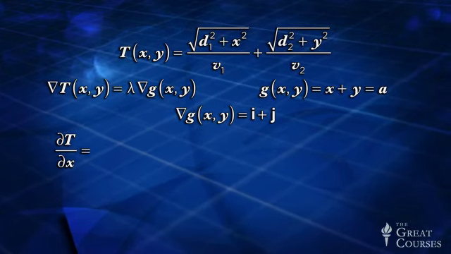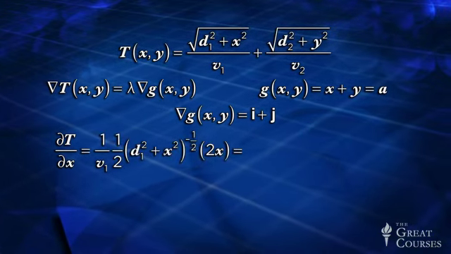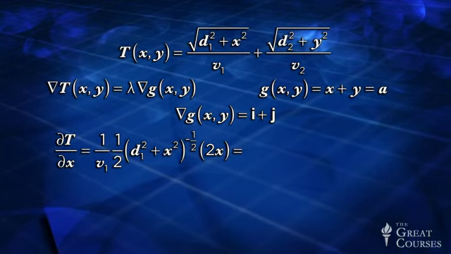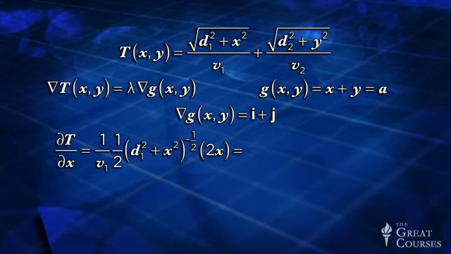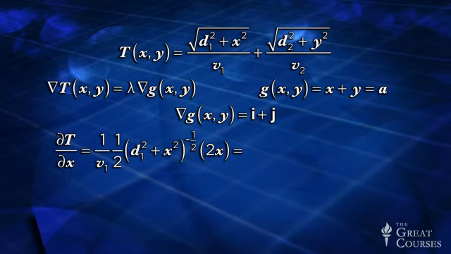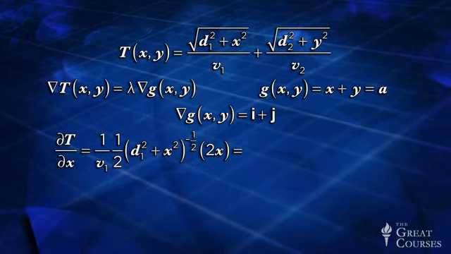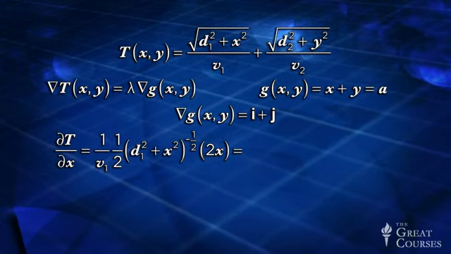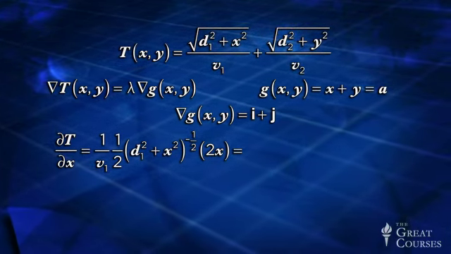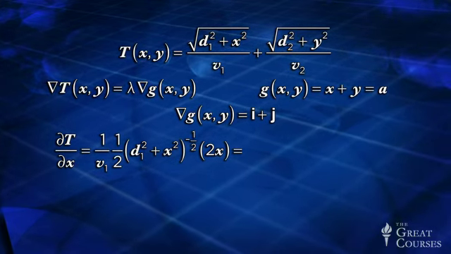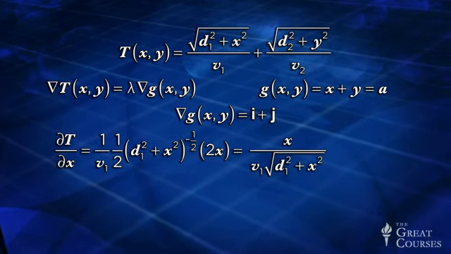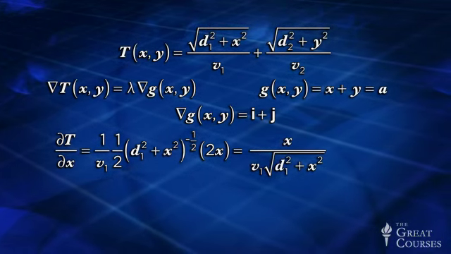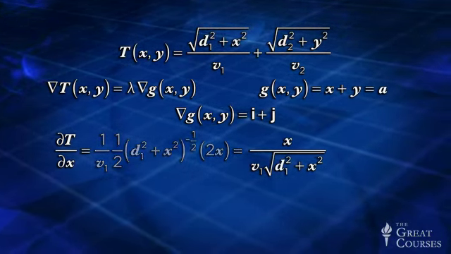So the answer would be 1 over v1, and then the derivative of that radical is 1/2 (d1 squared plus x squared) to the minus 1/2 power times the inside derivative, I'm using the chain rule, 2x. The 2's cancel, so we get the partial of t with respect to x to be x over v1 times the square root of d1 squared plus x squared.